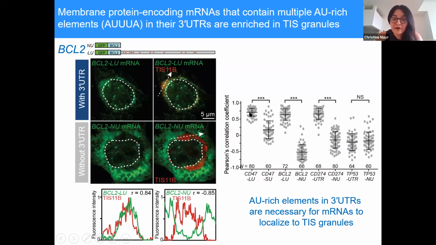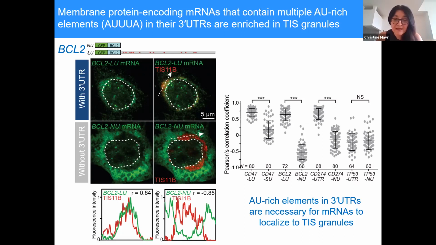And here's a selection of the other candidates that we looked at. And so bottom line is that mRNAs that encode membrane proteins that have a lot of A-rich elements go to TIS granules.